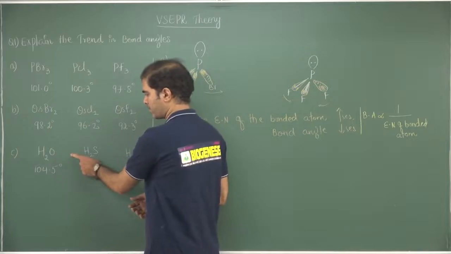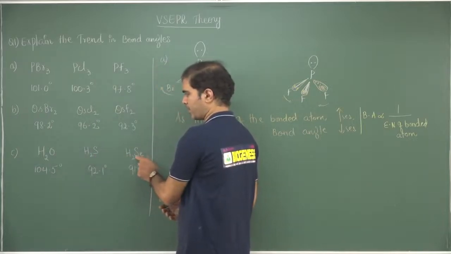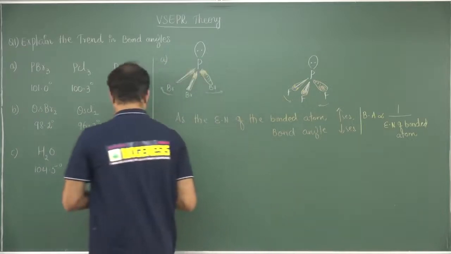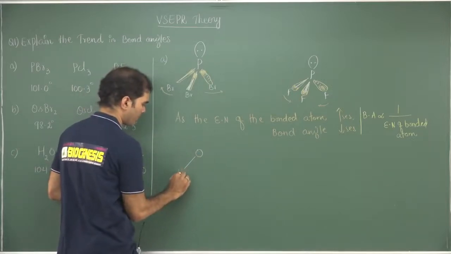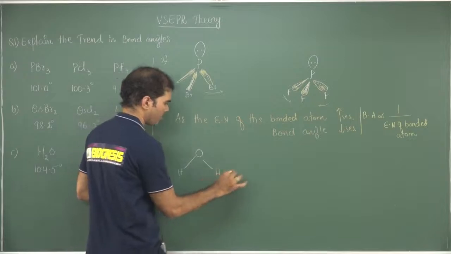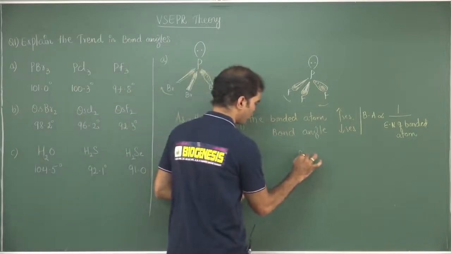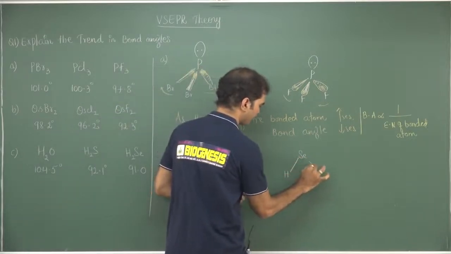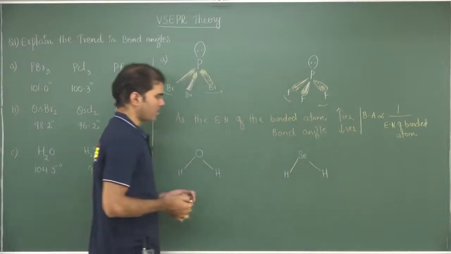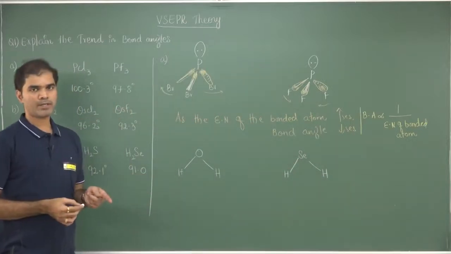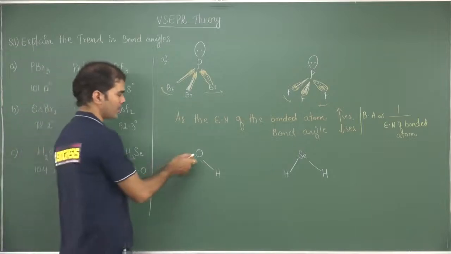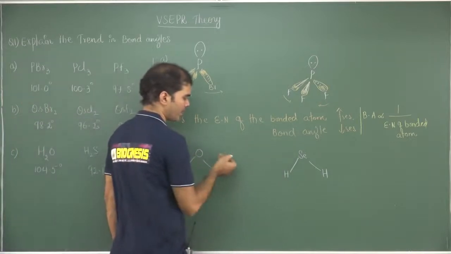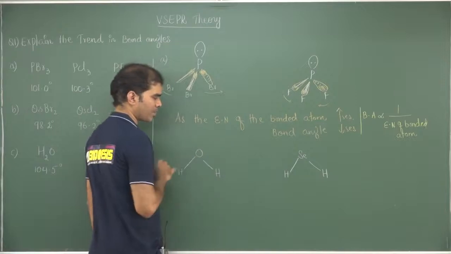In this case, the central atom is changing, and as you can notice, the electronegativity of the central atom decreases as you proceed from oxygen towards selenium. Down the group the electronegativity will decrease. That is the trend in the periodic table. So oxygen, sulfur, selenium, the electronegativity of the central atom is decreasing.